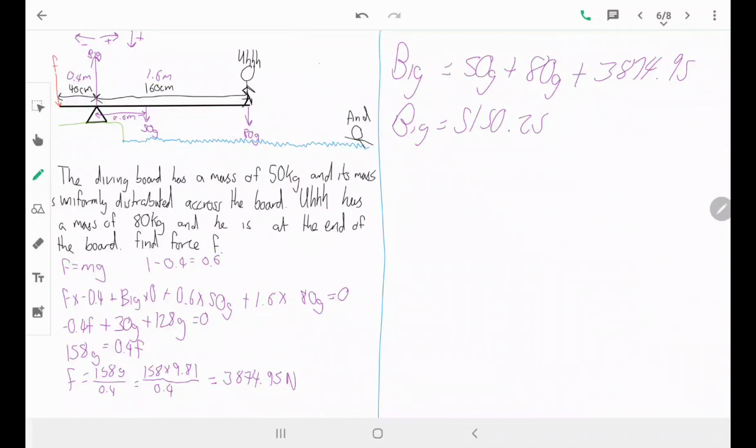And I'm going to put a little star saying not part of the question. But hey, thought we might as well work that out. Cool, so let's move on to the next question.